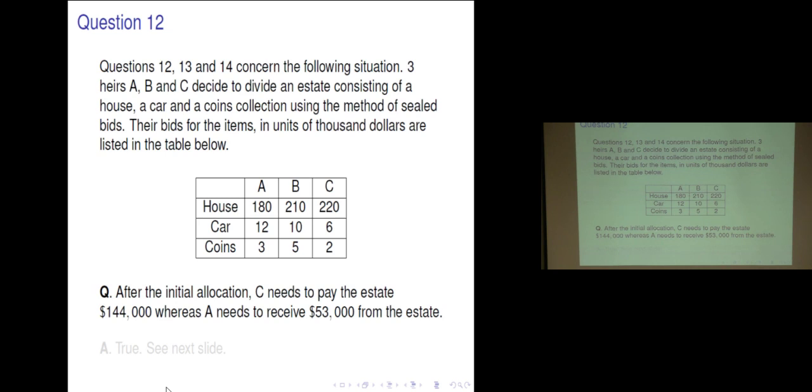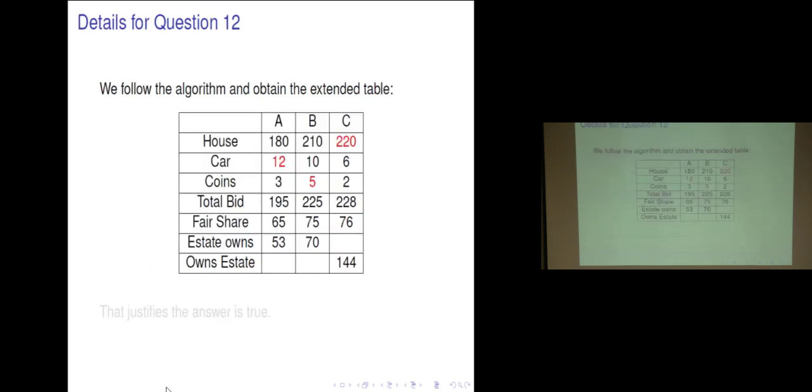After the initial allocation, Mr. C needs to pay the estate this amount, and A needs to receive this amount from the estate. Is this true? Do you have an answer? You have done this, right? True, right? Okay, let's see the next slide.